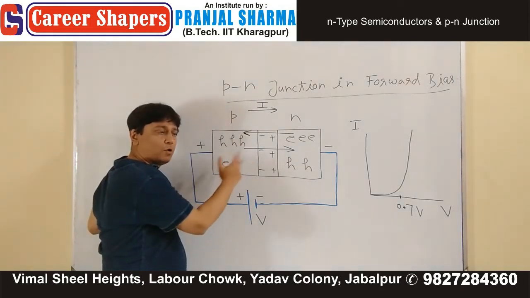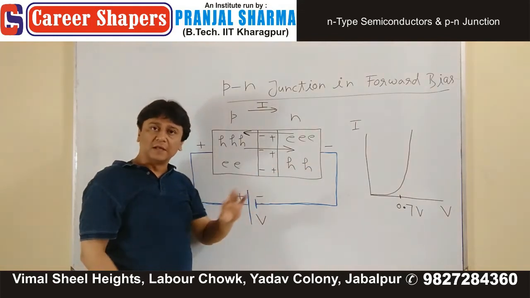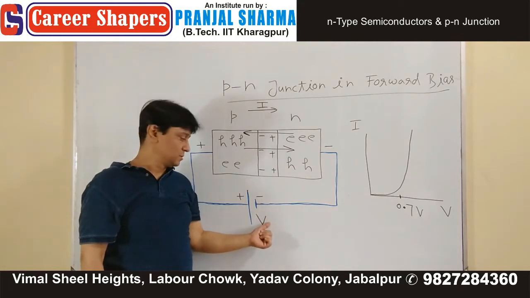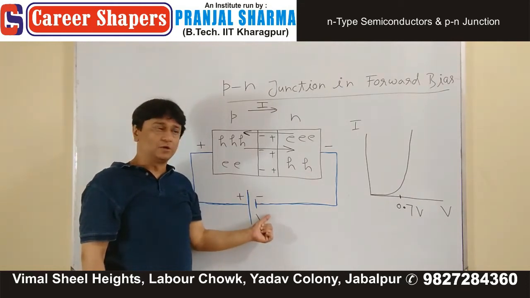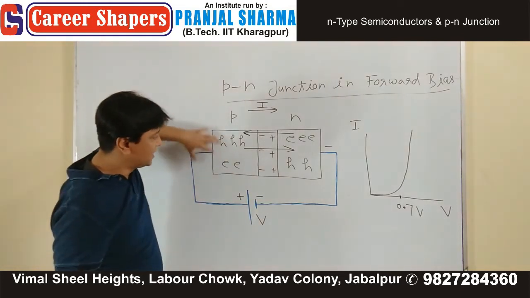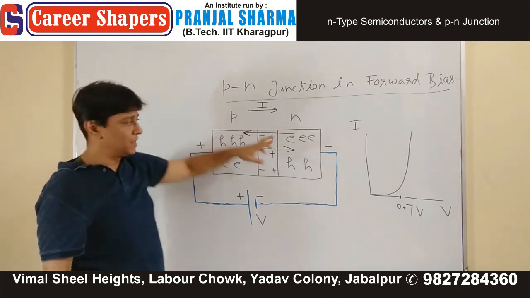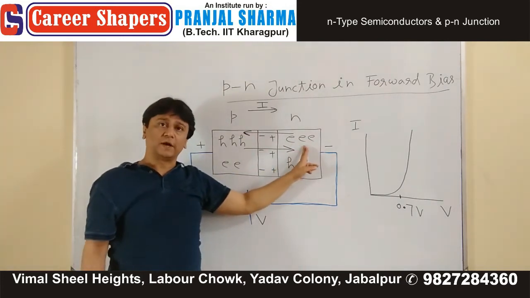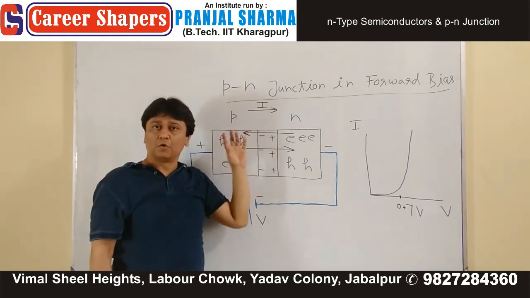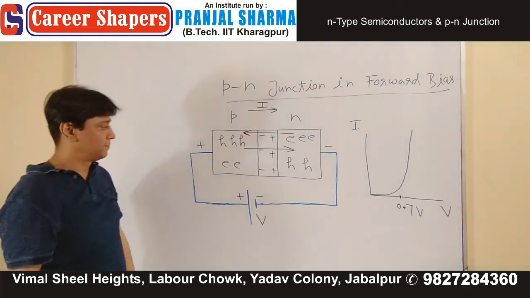Those electron and hole pair, they are moving in this direction, they are cancelling each other, but this extra voltage has now given enough energy to the holes on this side and electrons on this side, to the majority charge carriers, thus giving us an overall current I shown in the graph.